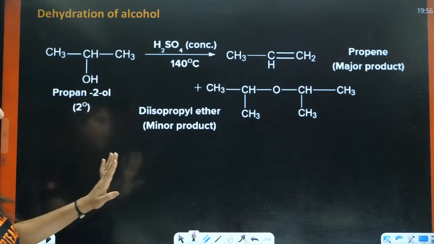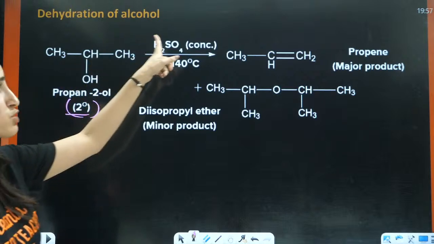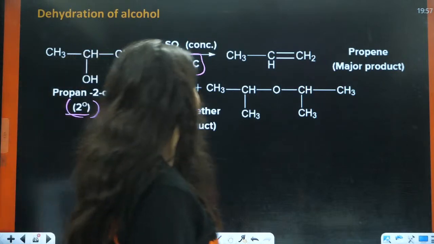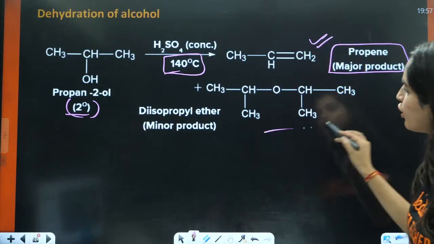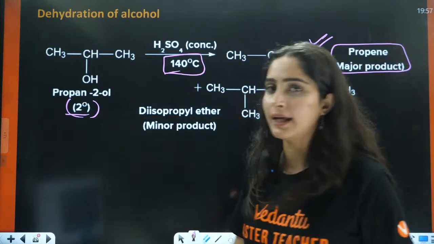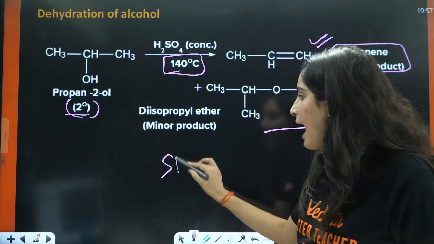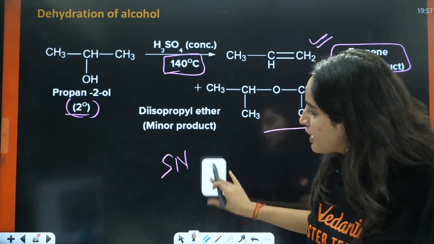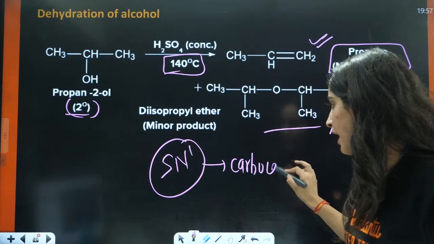Now this is one of the reactions, where this is 2 degree, but with H2SO4 at the same temperature of 140, the major product is going to be alkene, not ether. Because this is a 2 degree, and due to steric hindrance it is difficult to proceed by the SN2 mechanism. So it will proceed by the SN1 mechanism and form a carbocation.